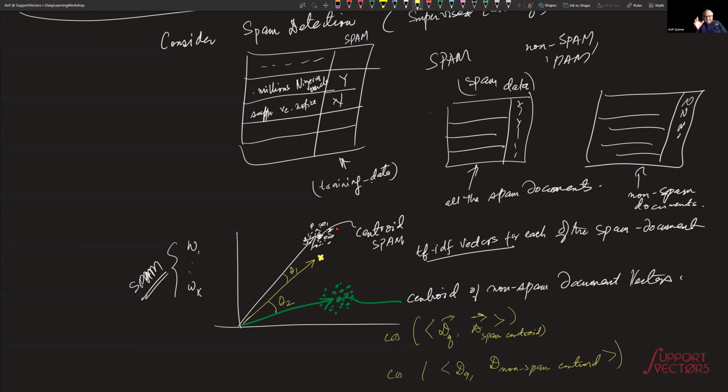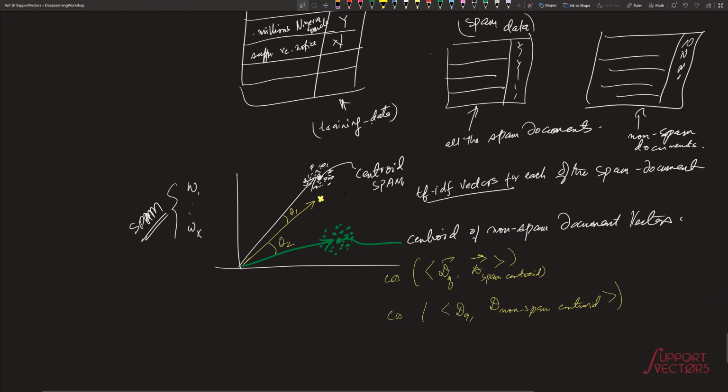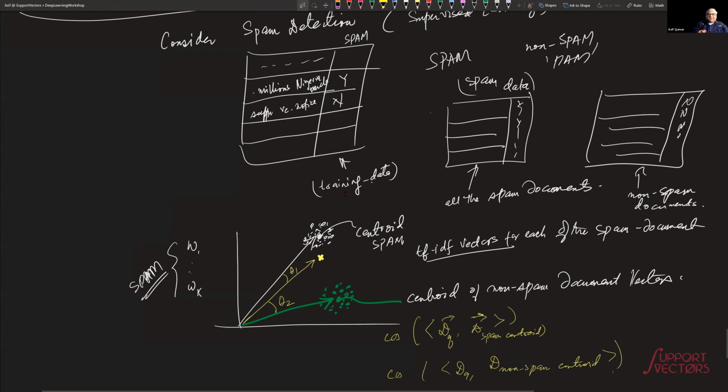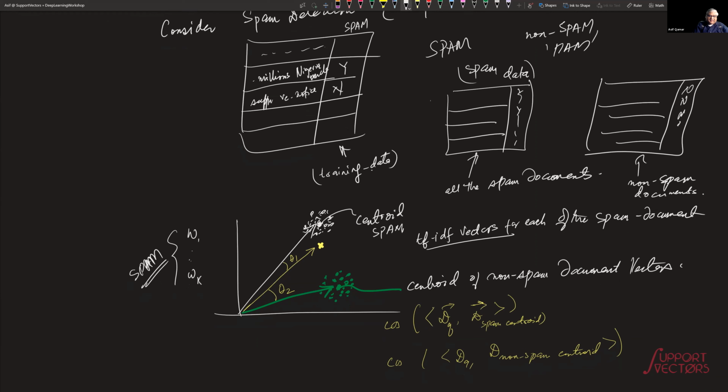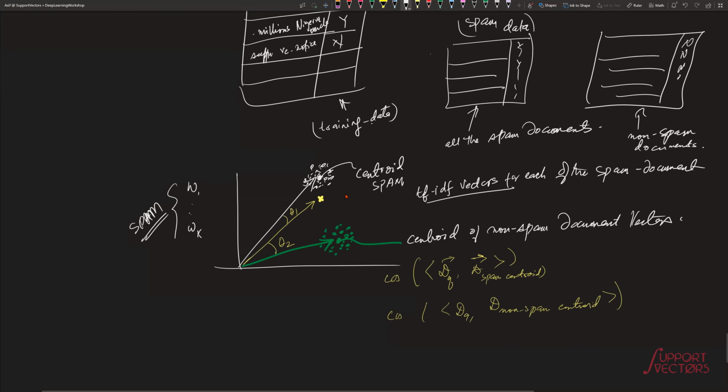Now, those of you who have been taking machine learning with me since ML 100, do you remember what this reminds you of? Clustering. A classifier. Remember, in classification, what is this method? Imagine you draw a line here joining these two centroids, and you find a decision boundary, which is perpendicular to this line.